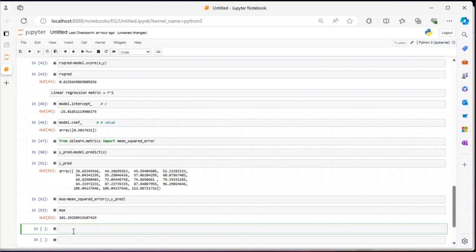And what we need is the root mean squared error. So what should we do for that? RMSE equal to mean squared error of y comma y predicted, squared equal to false.